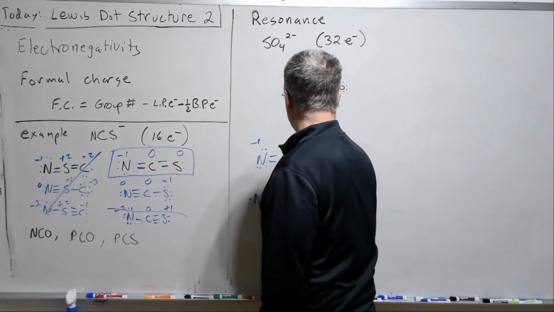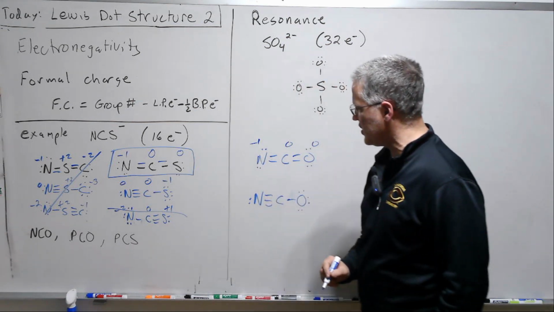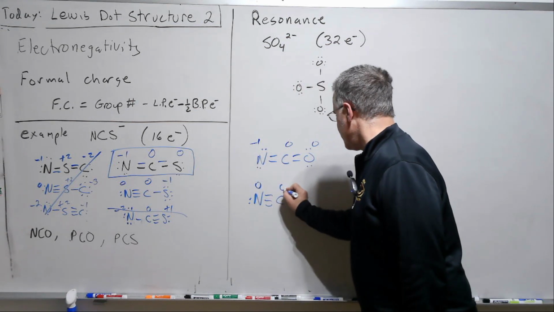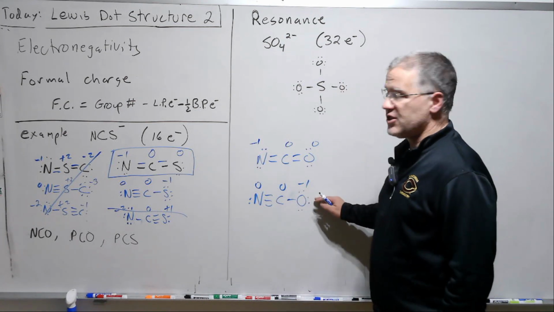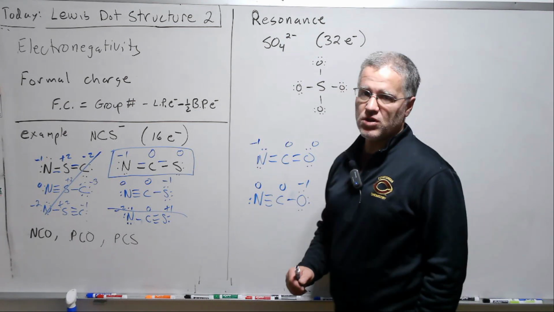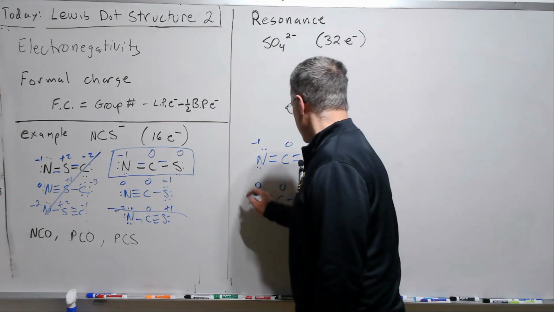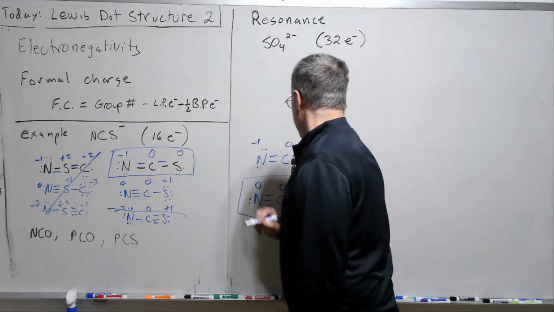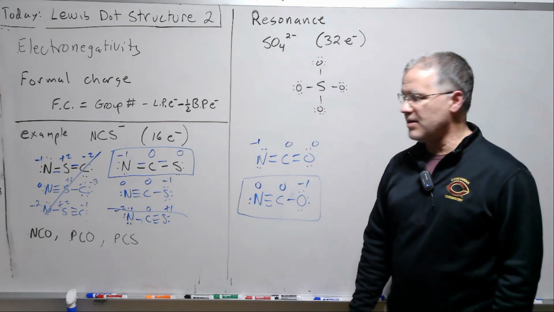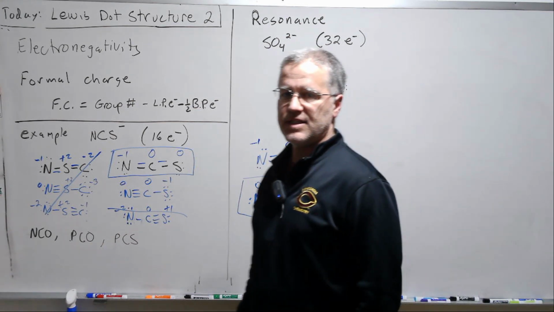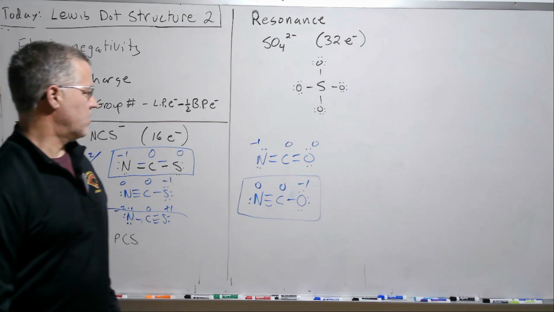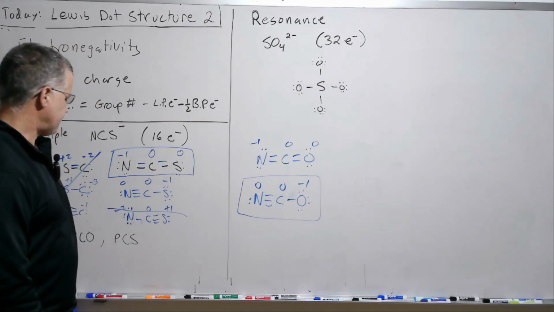So this will be a -1, 0, and 0 formal charge. This will be a 0, 0, and -1 formal charge. And now this is the better choice because oxygen is more electronegative than nitrogen, and so here we do see not 2 double bonds, but we see a triple bond and a single bond as the best choice for the Lewis structure.